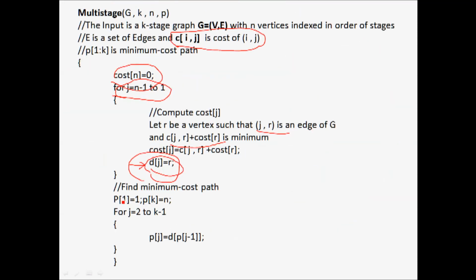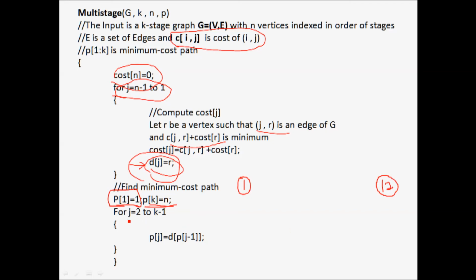That is, first of all, we are writing here p of 1 is equal to 1 and p of k is equal to n. It means that the first vertex or the source vertex from where we have begun is 1. So our shortest path will start from 1, and the last vertex will end up at 12. So these are prefixed because these are already known.